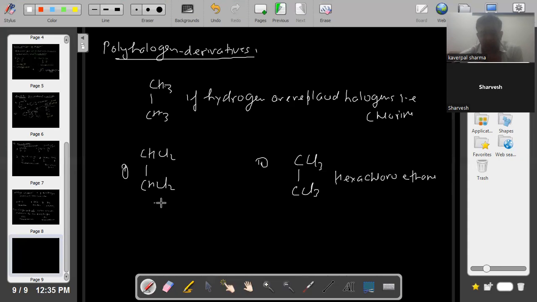This is tetrachloroethane. You can name accordingly the polyhalogen derivatives you get. It means if a single carbon atom has more than 2 halogens linked with itself, it is called a polyhalogen compound. Like carbon tetrabromide, carbon tetrachloride, all these are polyhalogen compounds.